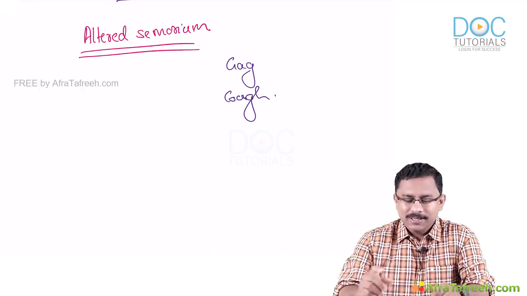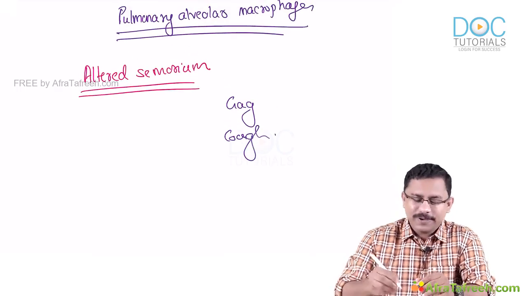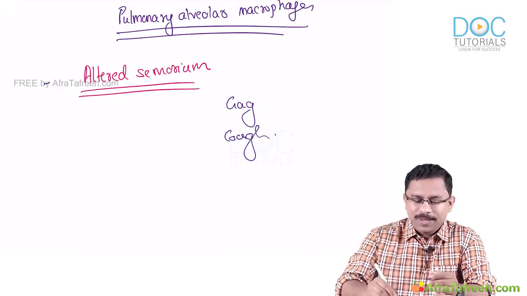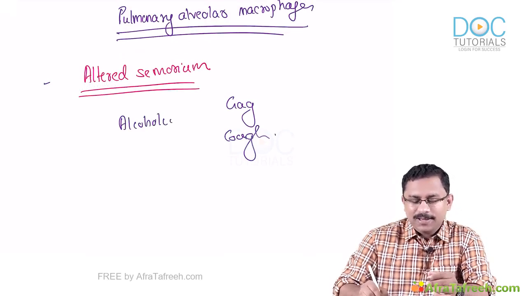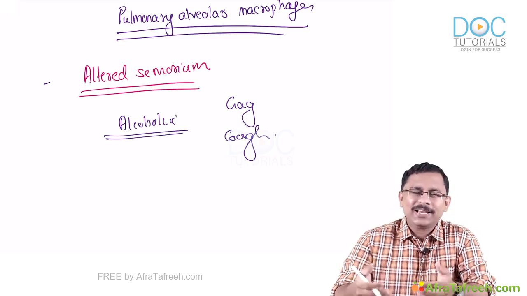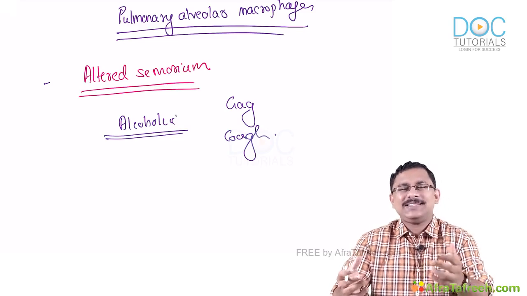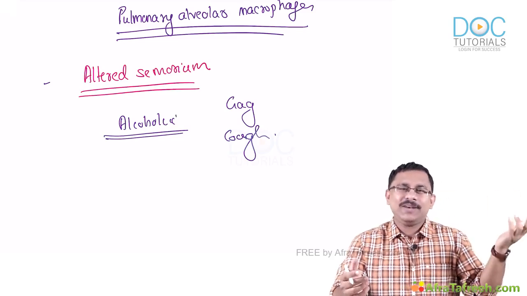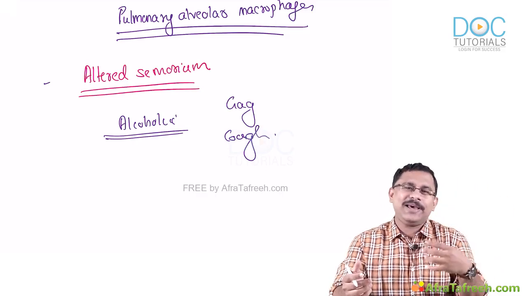So in what sort of patients do you expect anaerobic infection? One is altered sensorium. Maybe you have an alcoholic who is in an inebriated state, develops an aspiration, the host defenses are totally compromised, and then these organisms reach the alveoli.